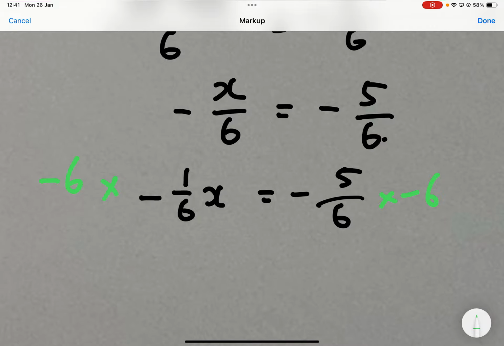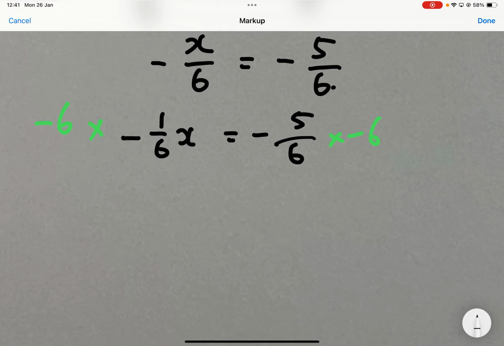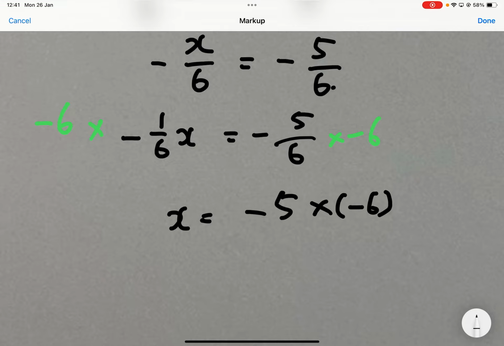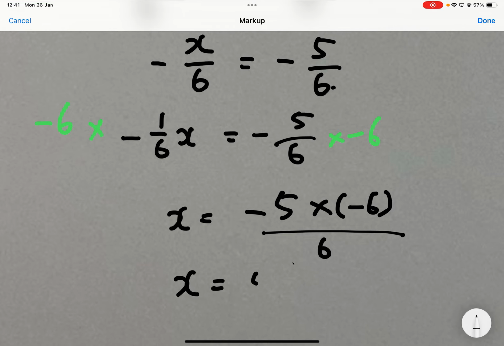Then I must do the same thing on the right. Once I simplify, x equals negative 5 times negative 6 over positive 6. x equals 5.